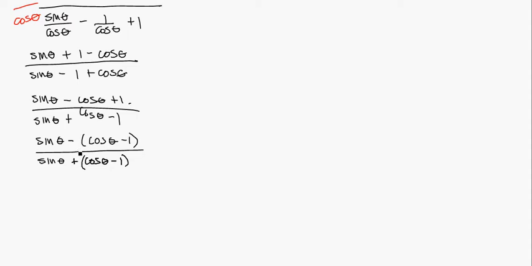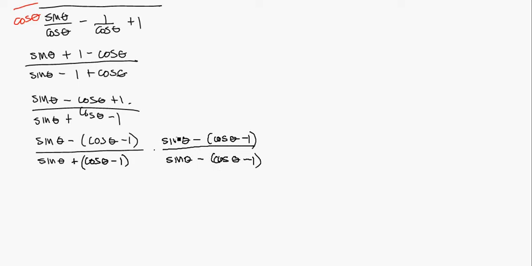So I'm going to use the idea of multiplying by a conjugate. I'm going to multiply the top and bottom by sine theta minus cosine theta minus 1.